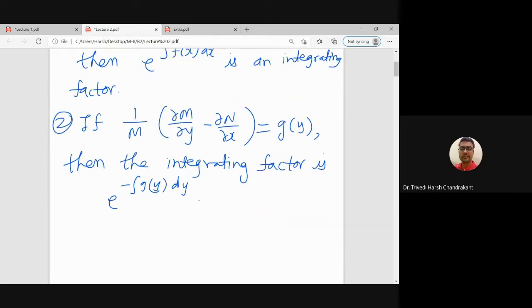So this is the second case that we derived in the last lecture.